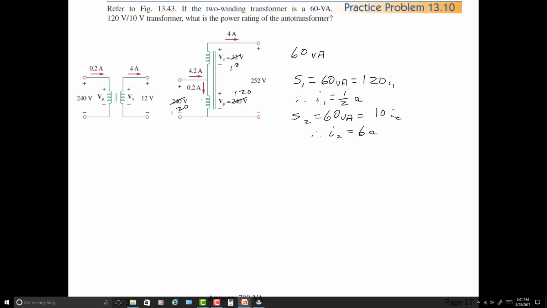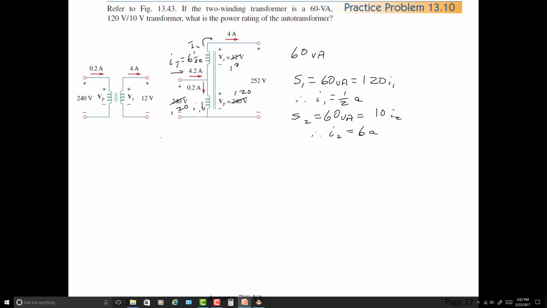So the total current, you need to keep track now of where I1 and I2 will be. Here's my I1. Here's my I2. And this right in here is my I total, which will be 6.5 amps.